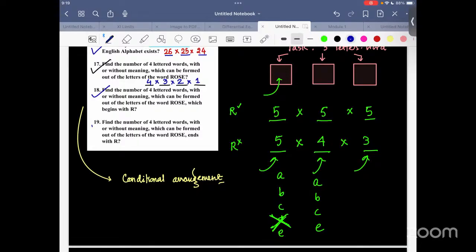Chalo, so we are done with this question also. It would be 3 into 2 into 1 into 1. It ends with R. Got it?